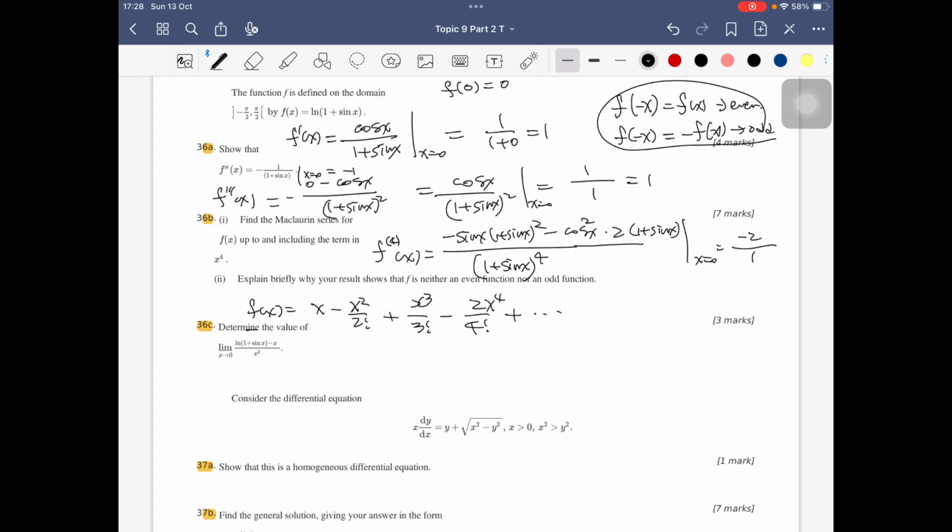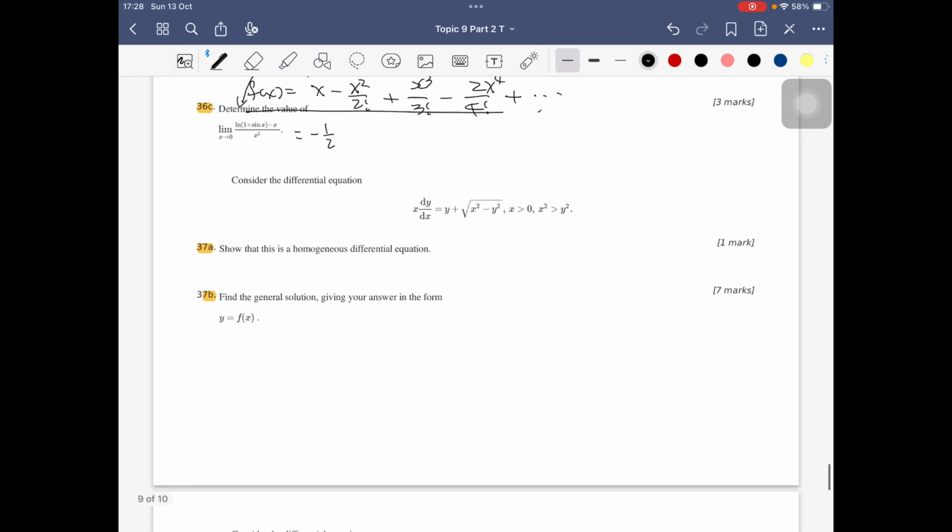But when we input negative x here, it is not f of x or negative f of x. So it's not even and not odd.